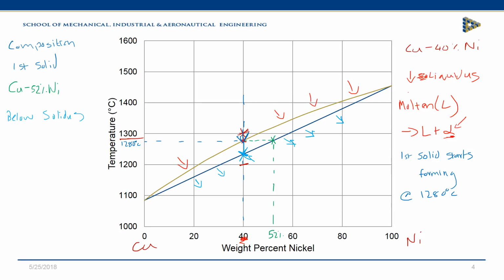And now I do the same thing. I need to know, what is the composition of the liquid? So I need to cross the liquidus line. I take my tie line and I move across this way, and it crosses my liquidus line about there. And once again, I'm going to extrapolate down, and I'm going to say, okay, it's about 27%.